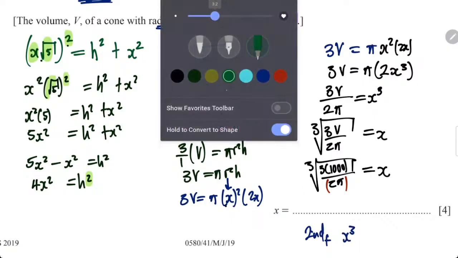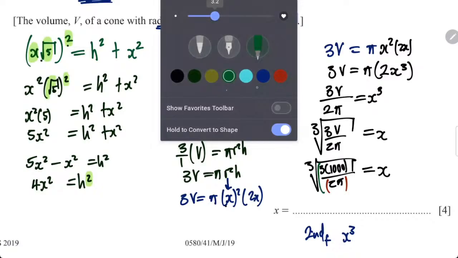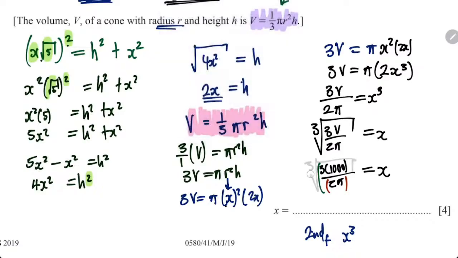Then you open a big bracket, then you open another one. 3 by 1000, you close it. Divided by, open bracket, 2 pi close, then you close the big one. What is the answer? So 7.82.